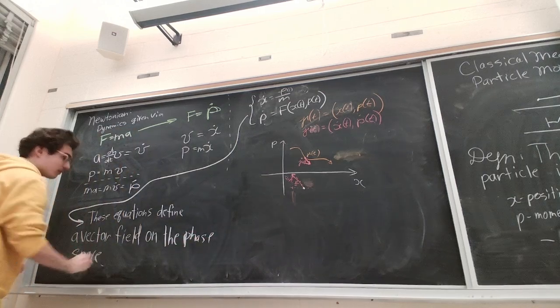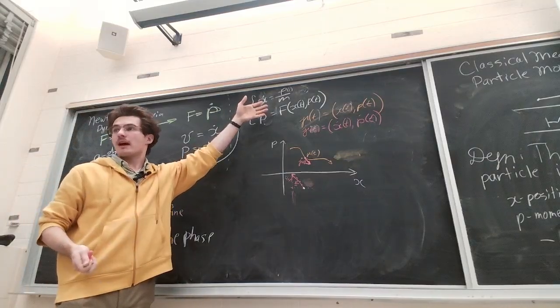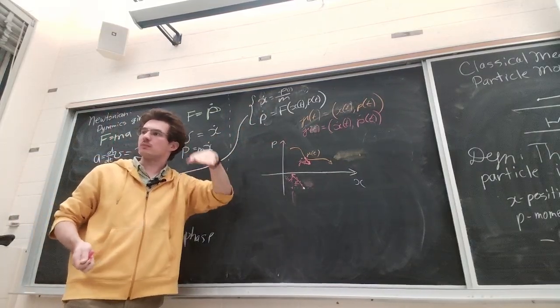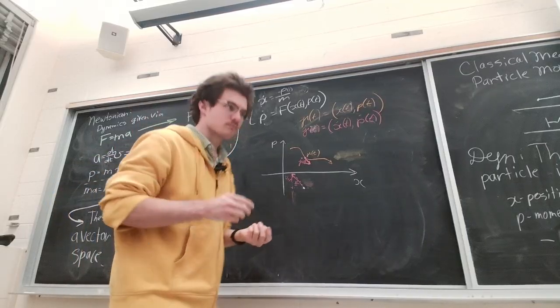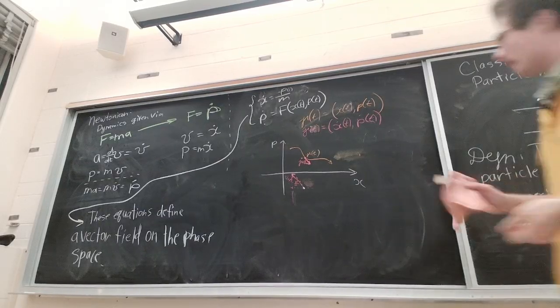So in other words, given these equations, I can at every point of my phase space draw some arrow. Okay? This is all that I mean. So at every point in phase space, I have an arrow that is attached.